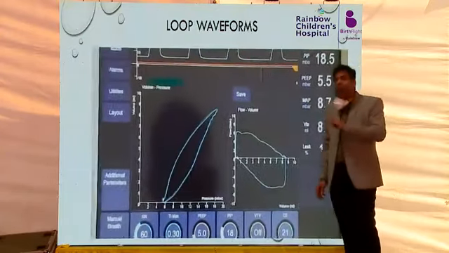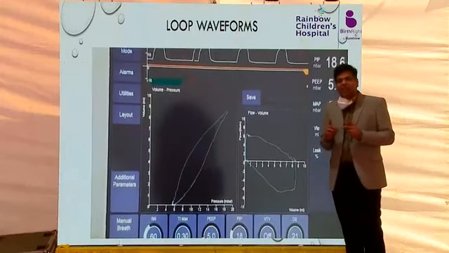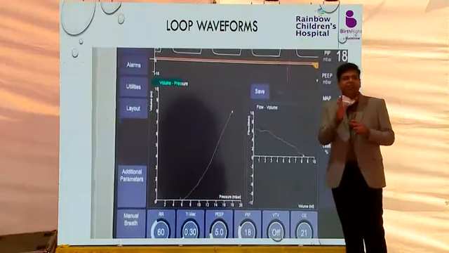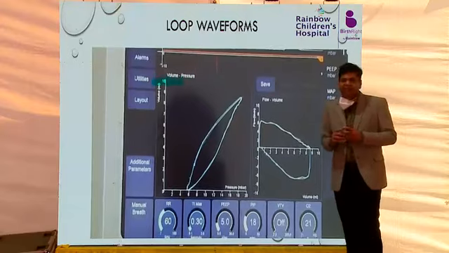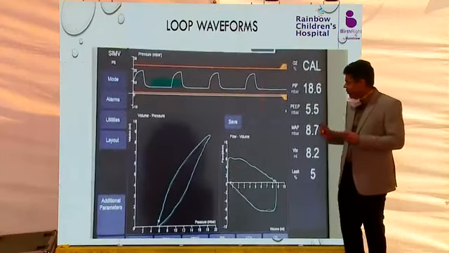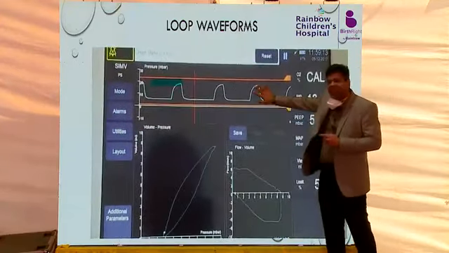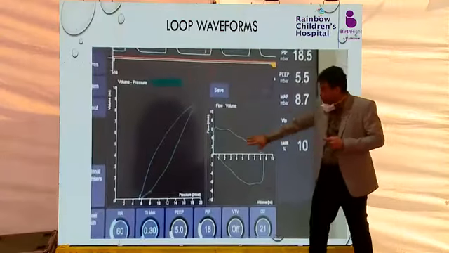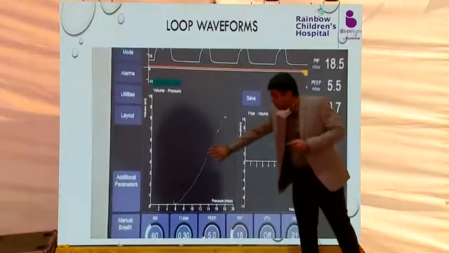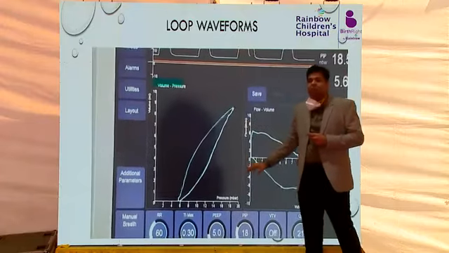Okay. Now coming to the loop waveform. In the starting we told you that a loop is when one variable is plotted against the other variable, right? This is a scalar waveform of pressure. So these are the loop waveforms. In this one, the pressure is plotted against the volume.